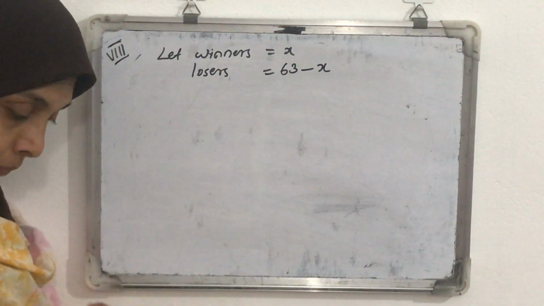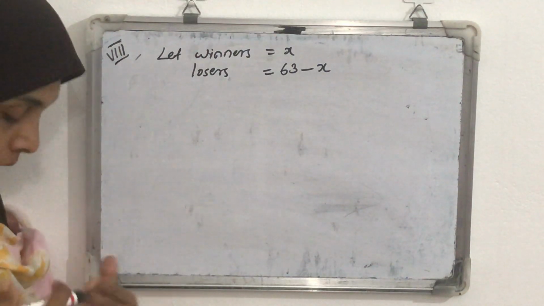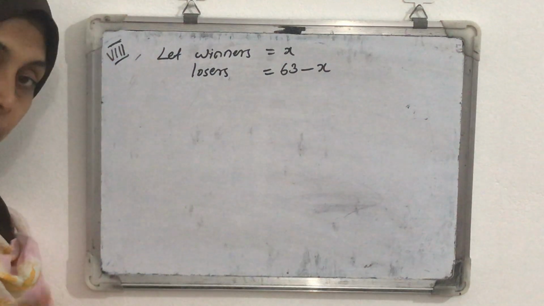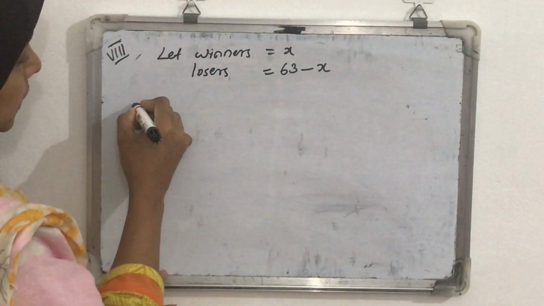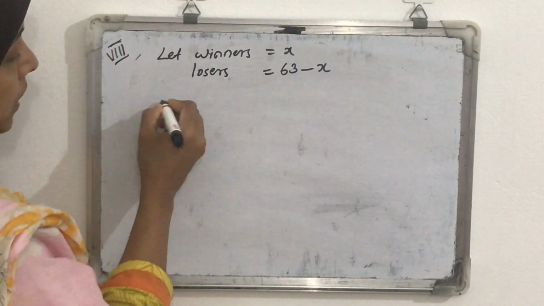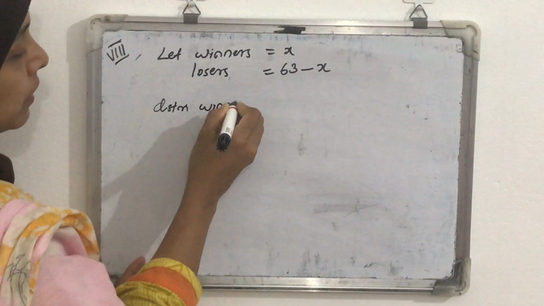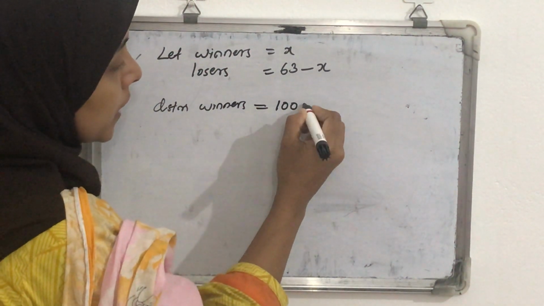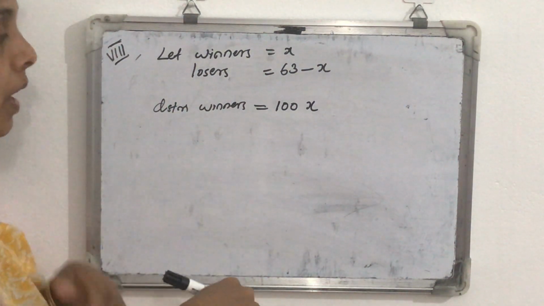Then for those who win, what is the prize money? 100 rupees. And for the losers, the prize money is 25 rupees. The total money distributed is 3000 rupees. So how can we equate? The prize money distributed to winners will be 100 into x, that is 100x, because each winner is given 100 rupees.